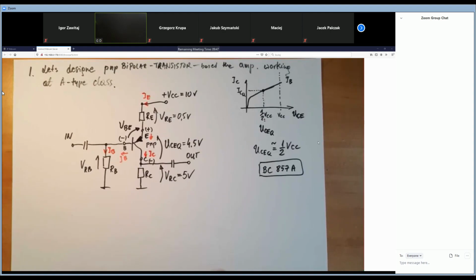It means, for example, A is around 100 to 150, B is around 300, and the letter C is typically even above 800 of beta value.